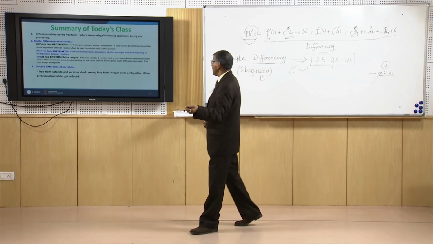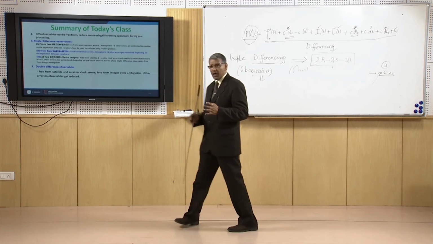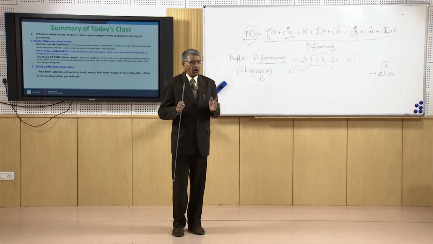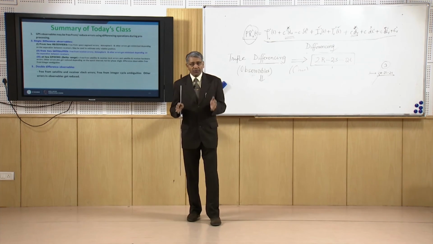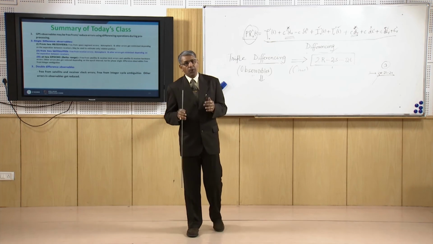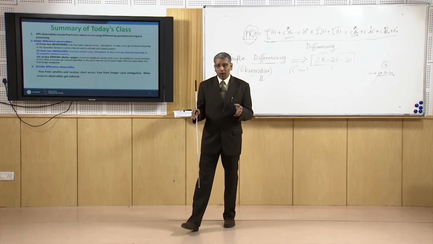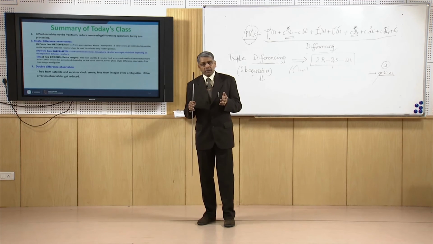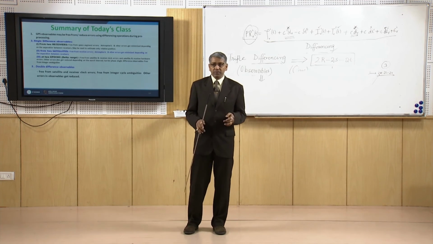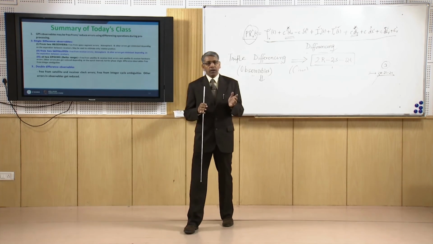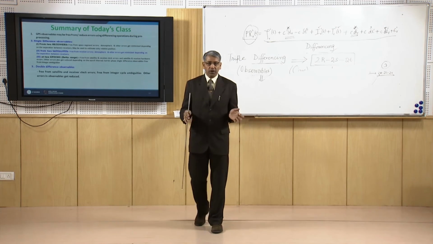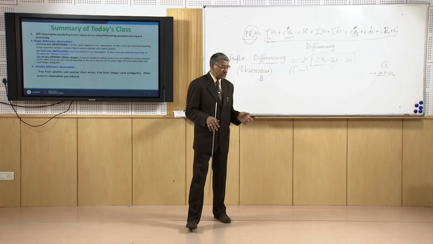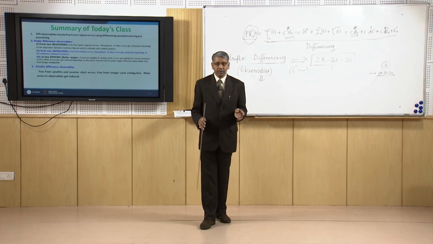Now let me summarize: GPS observables are fraught with errors, and the quality of GPS observations or the GPS point positioning will depend upon the quality of the GPS observables. That means we need to eliminate or reduce the errors as much as possible. One of the simplest ways this can be done is the method of differencing.